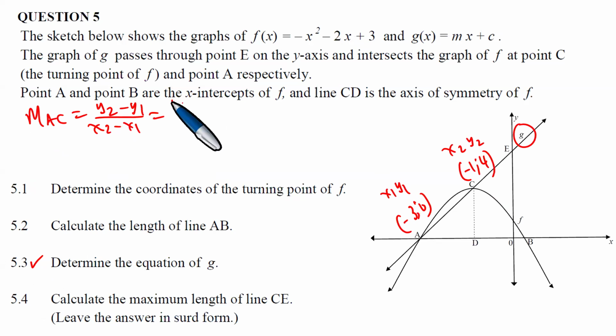Therefore y2 is 4 and y1 is 0, divided by x2, which is -1, and x1 is -3. Therefore this is 4 over 3 minus 1, which is 2. So you have the slope of AC, which is exactly 2. It is certainly a dimensionless entity, the slope. Good.